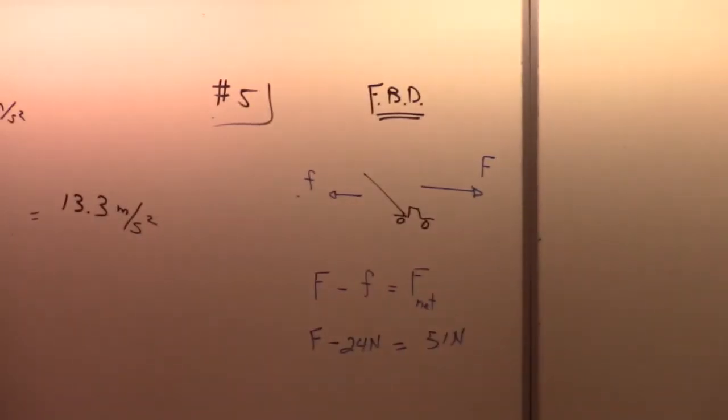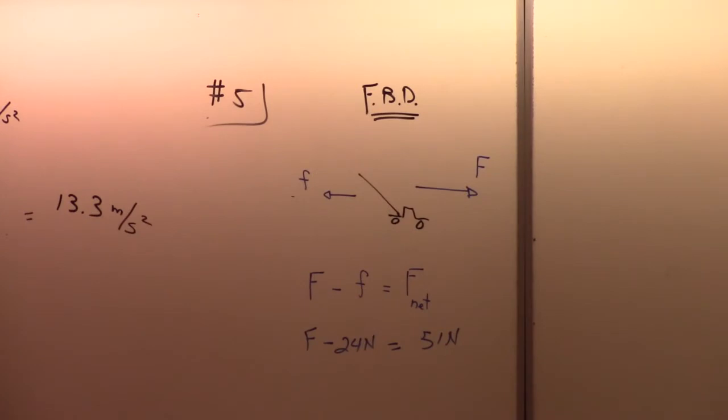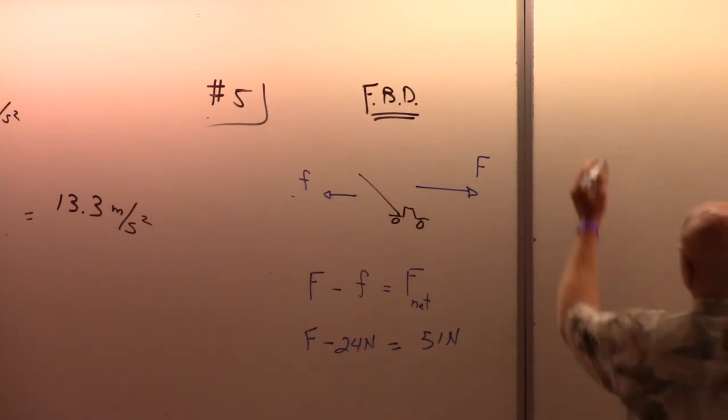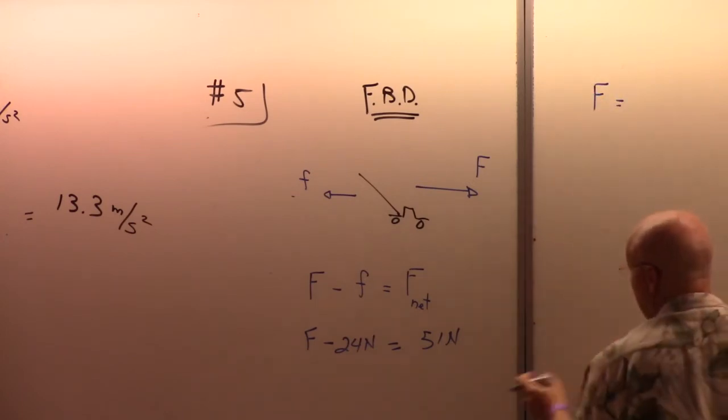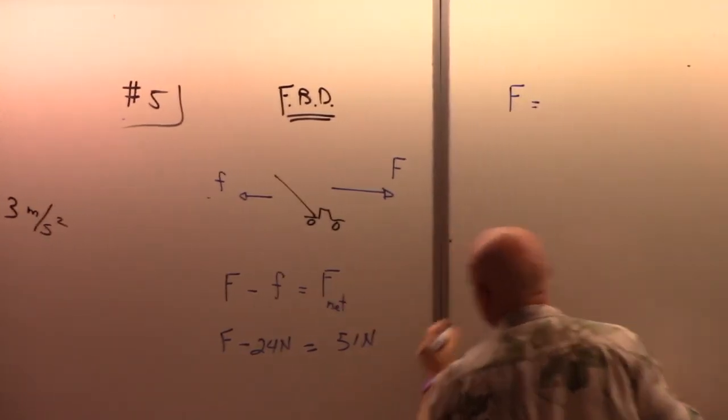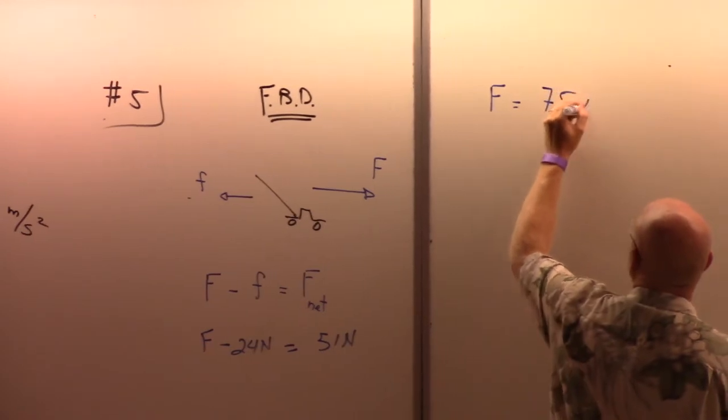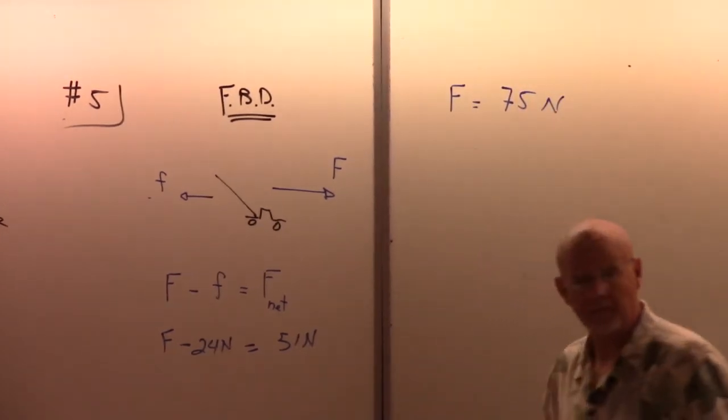The one that I don't have is the force from the person pushing the mower. How much force is that one putting on there? And then it says, what is the force in newtons of that person exerting on the mower? So solving this mathematically, moving this over to here, makes 75 newtons.